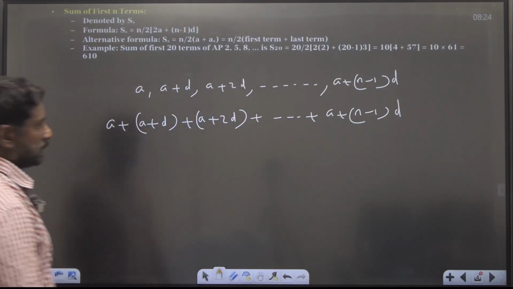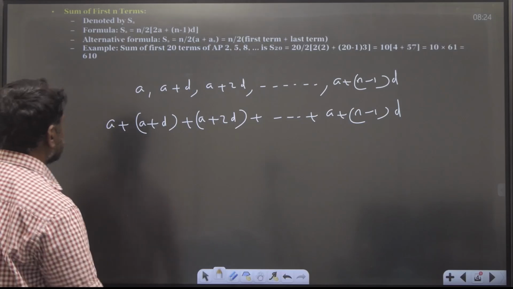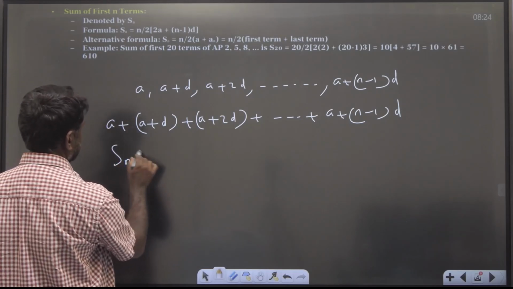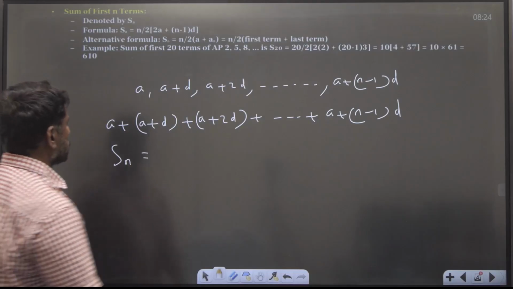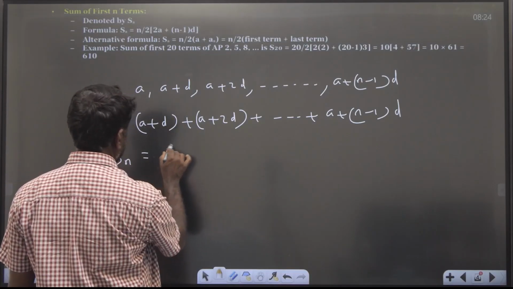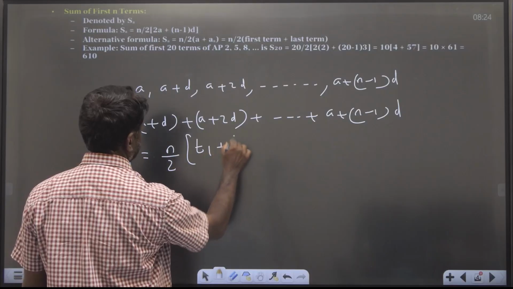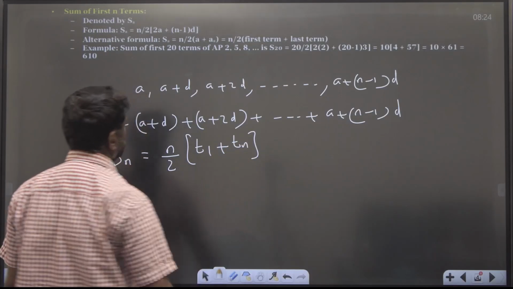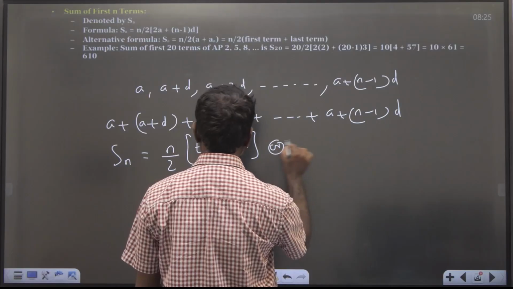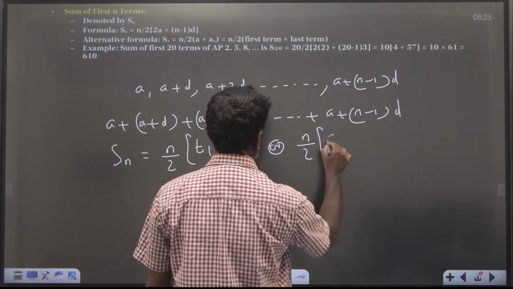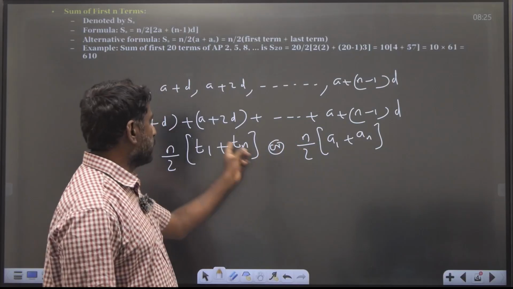Then there are two formulas. First formula: the sum of n terms is denoted as Sn, that is equal to n by 2 into first term plus last term, or we can write n by 2 into a1 plus an. T1 can be a1, Tn can be an.